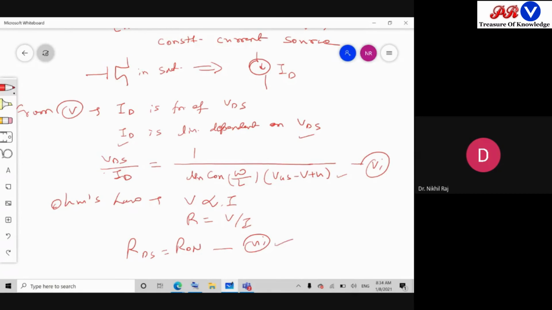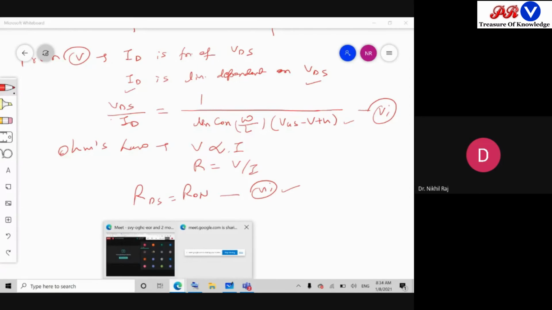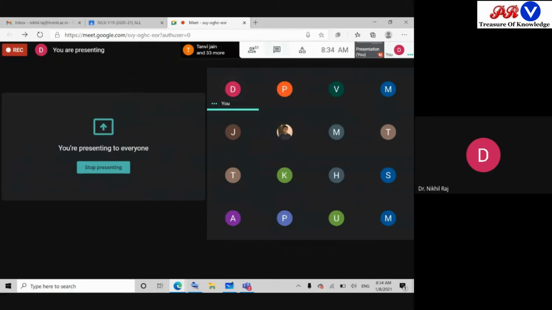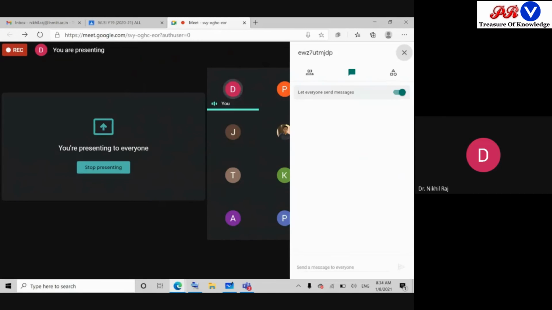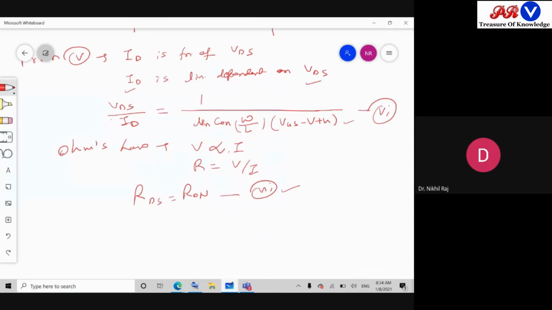And this R on resistance is a linear function in the linear region, and that helps in charging and discharging. Okay. So this RDS is nothing but the resistance.